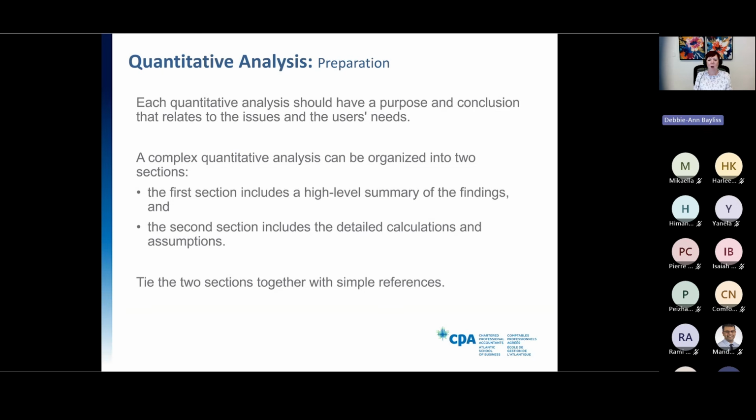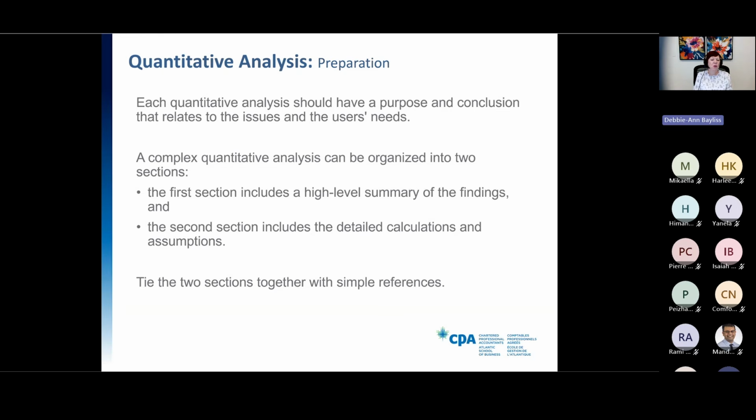If you have a complex quantitative analysis, then organize it in 2 sections. That way it ensures that your response is clear, concise, and easy to follow. The first section could include a high-level summary of your findings, while the second section would include the detailed calculations. Let me provide you with a specific example.